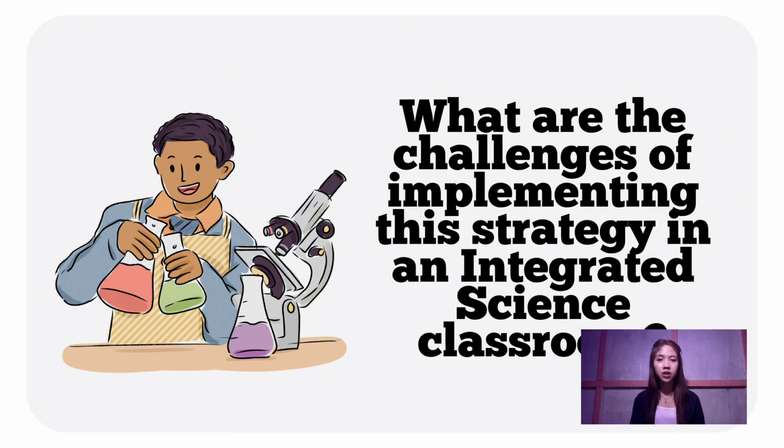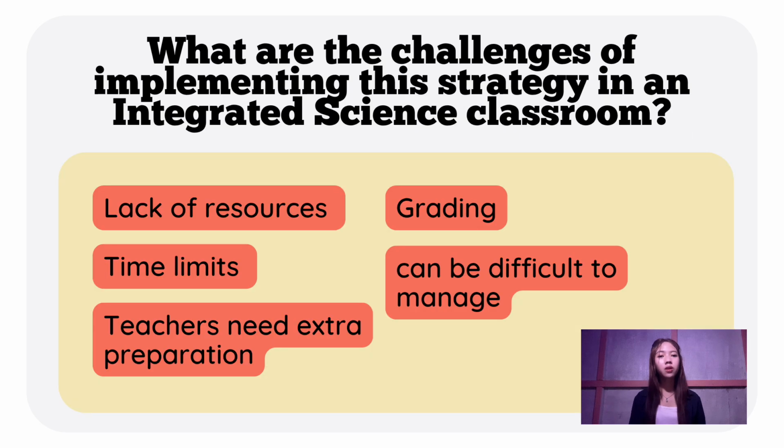What are the challenges of implementing this strategy in an integrated science classroom? Using context-based learning, or CBL, in an integrated science classroom can be challenging. Lack of lab resources, equipment, and technology can make hands-on activities difficult. Also, time limits make it hard to fit real-world projects into the school schedule.